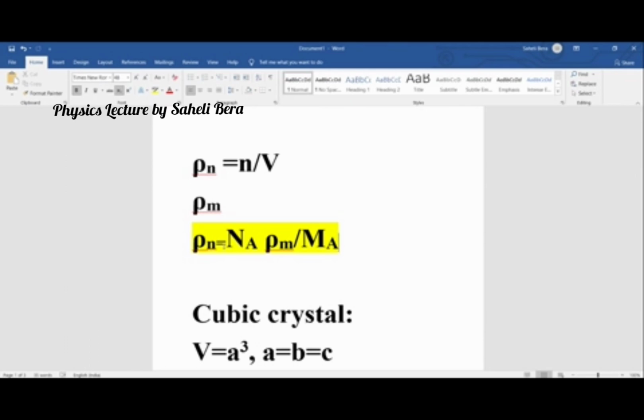If the mass density is defined in gram, that is rho n will be in centimeter to the power minus 3, the Avogadro number is 6.023 into 10 to the power 23; or it will be 6.023 into 10 to the power 26 if the mass density is defined in kg, that is rho n will be in meter to the power minus 3.